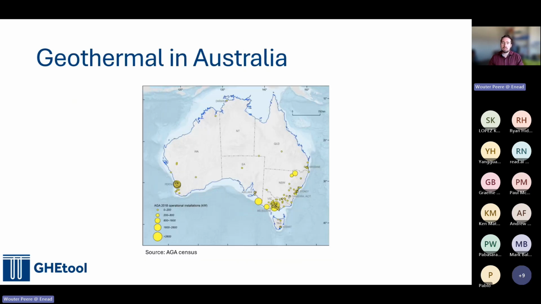There is also some geothermal in Australia. I got this information from the census that the Australian Geothermal Association did a couple of years ago, where you see that most geothermal installations are in the southern part of Australia.